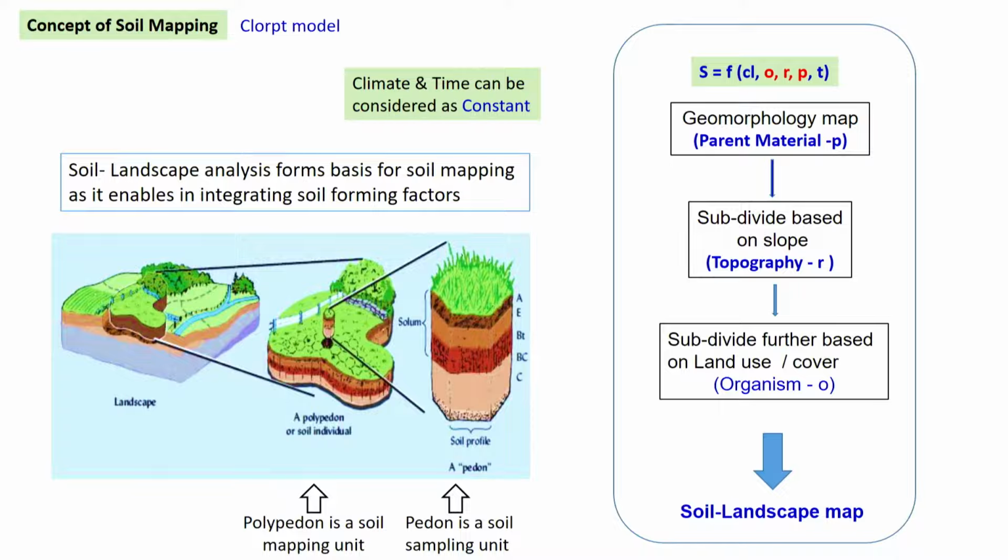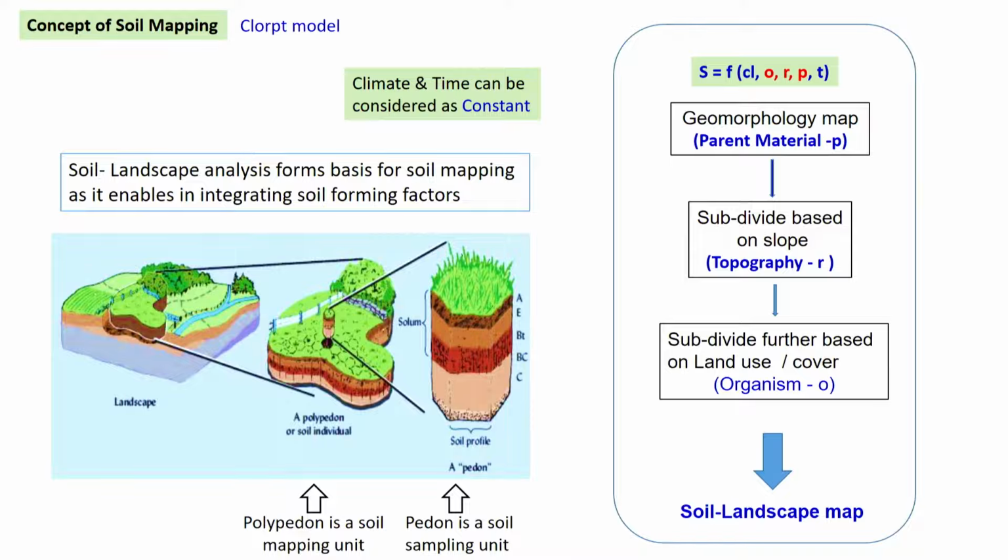Why do you need to know the soil mapping procedure? Because most of the soil maps available today are 30 to 50 years old, and soils have changed over the last 10 or 5 years. And from a nutrient or carbon point of view, the old map cannot be used.